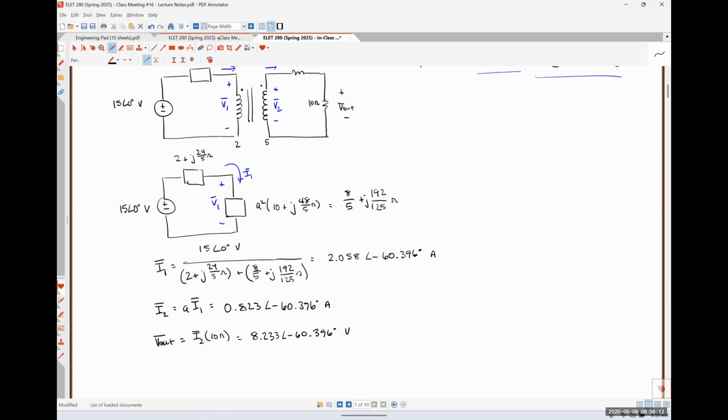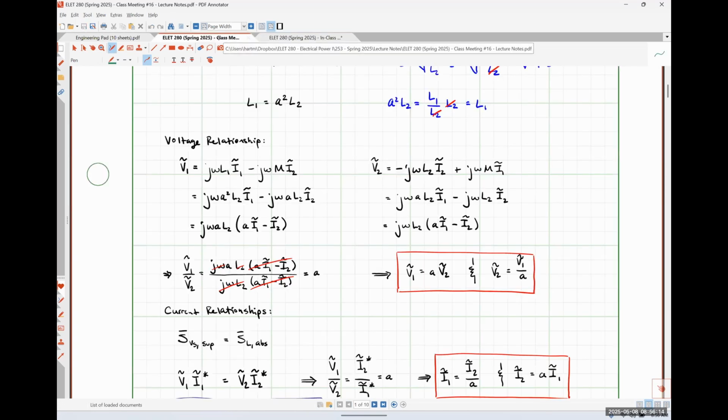And because we literally have notes on how to treat every single one of those cases, it's really just the same thing, except that sometimes you're going to have a negative sign in your conversion from going from primary voltage to secondary voltage or primary current to secondary current. Everything else is going to be the same.